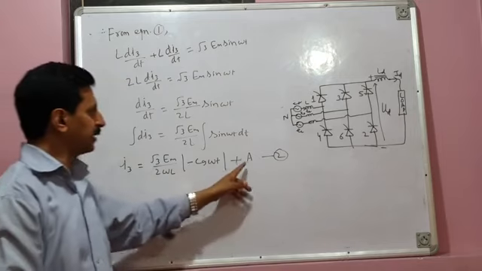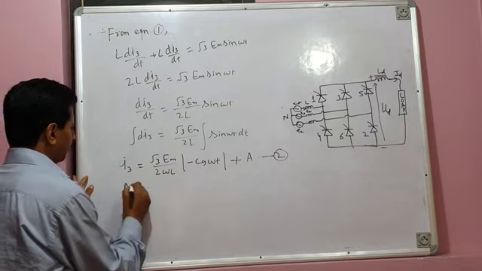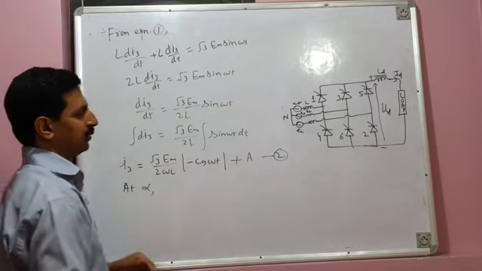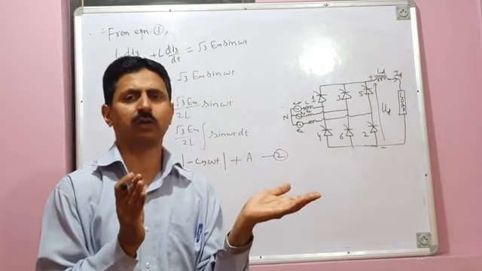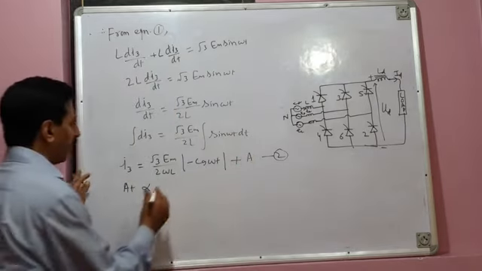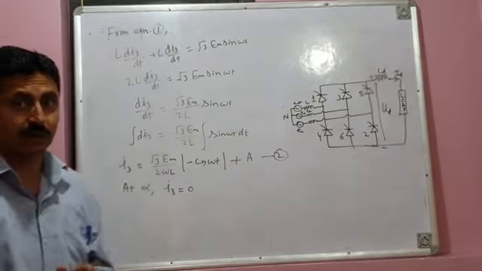Now we have to find this constant of integration. At alpha, valve 3 is fired. Before alpha, valve 3 was not fired. So at alpha, we can write valve current I3 is equal to 0, because valve 3 is just fired.